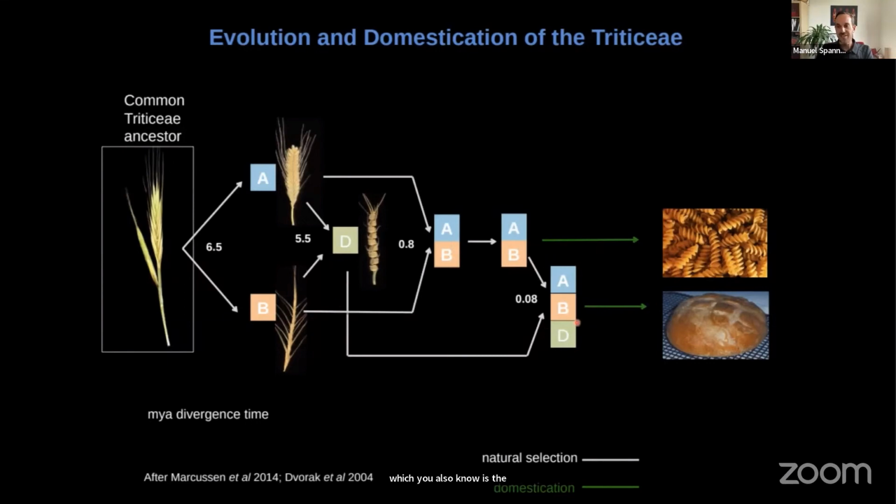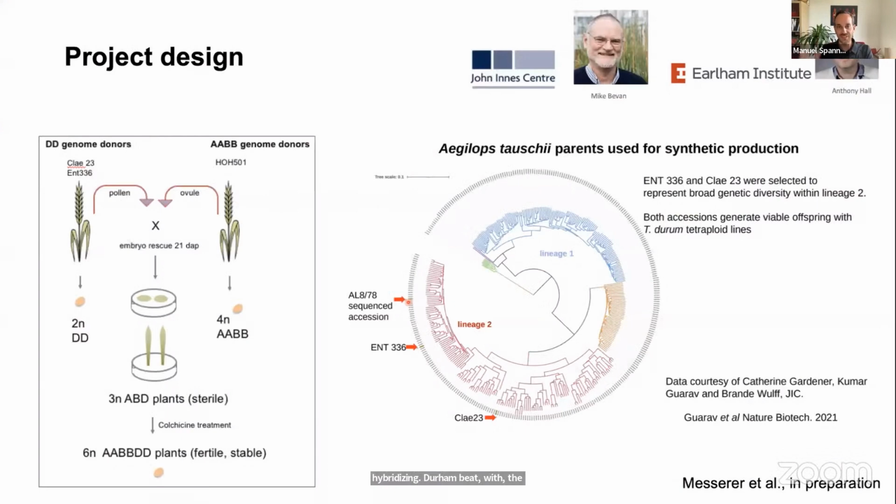The nice thing is that you can actually generate synthetic wheats by hybridizing durum wheat with the D genome, Aegilops tauschii. And that's what we did here in that project design.